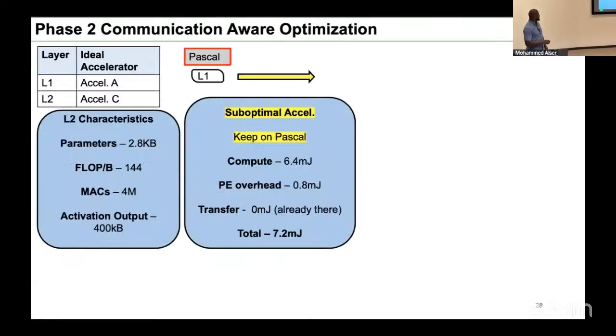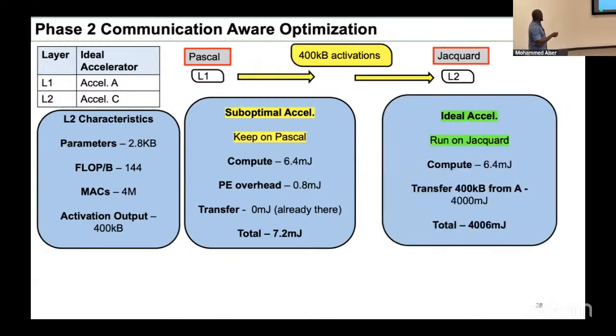So what I described before was the first phase, which was to match each layer to the engine. The second phase is to make sure that if you have a higher cost of transferring from one layer to another, you keep it on a suboptimal accelerator.